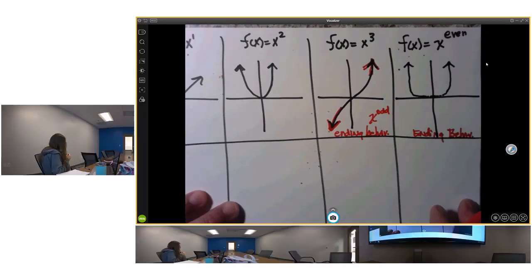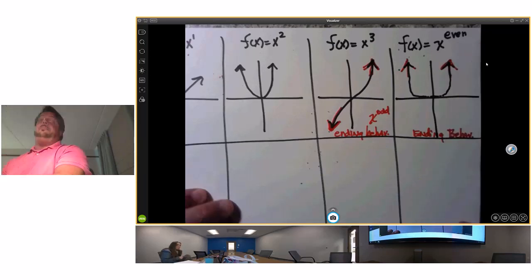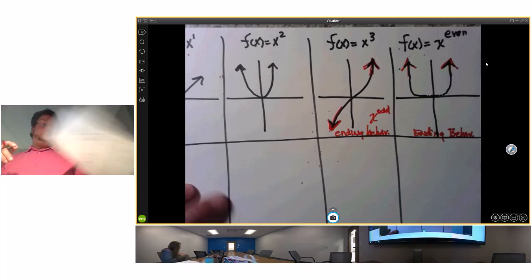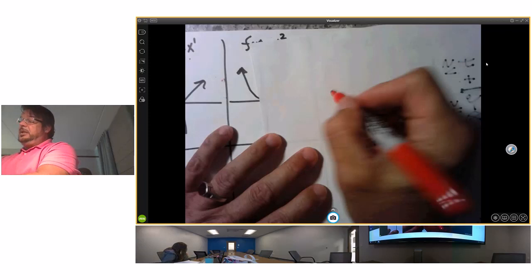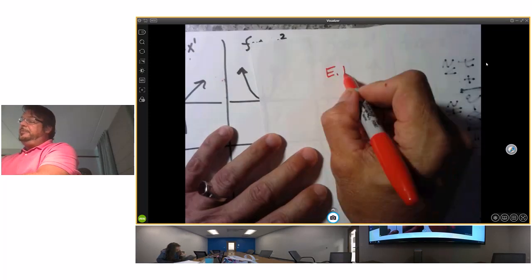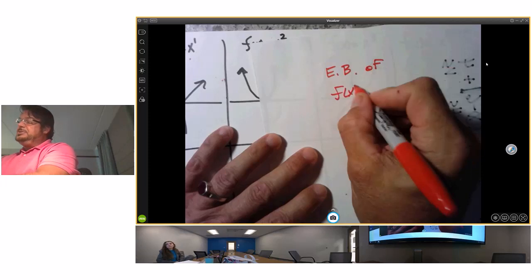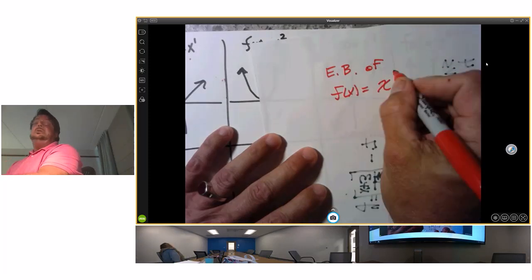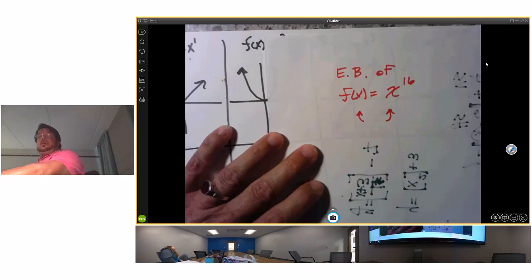Yeah. So I may ask you a question on the test, and I may ask the ending behavior of f of x is equal to x to the 16th power. And all you have to do is just pick the one that looks like that. Because if it's an even power, it's going to look like this.